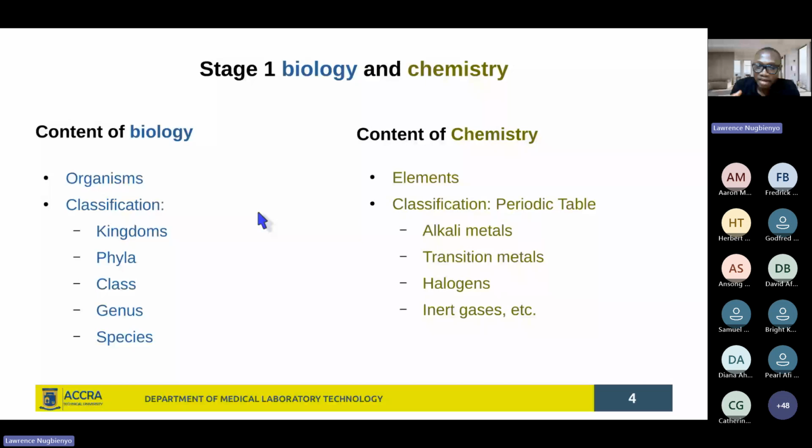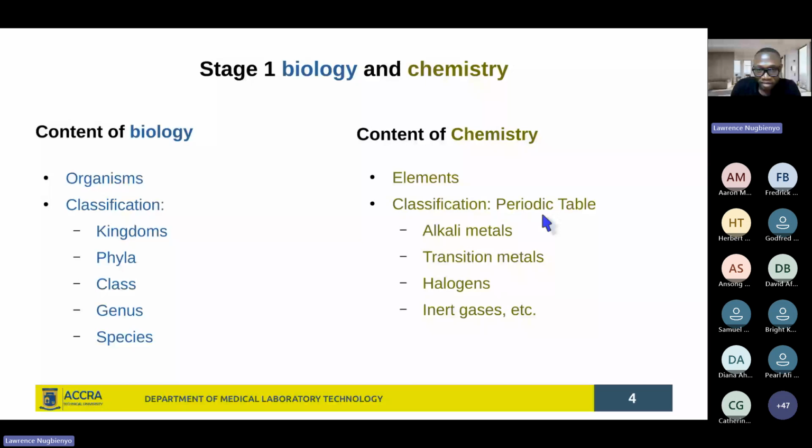Now, these chemical substances, what are they? They are elements. And these elements, you do classification of them. That's when you refer to what you call the periodic table. On that periodic table, you have the elements classified into metals, alkali metals, transition metals, inert gases, halogens, lanthanides, actinides, all of that. You did all that. So that is at the level of classification.